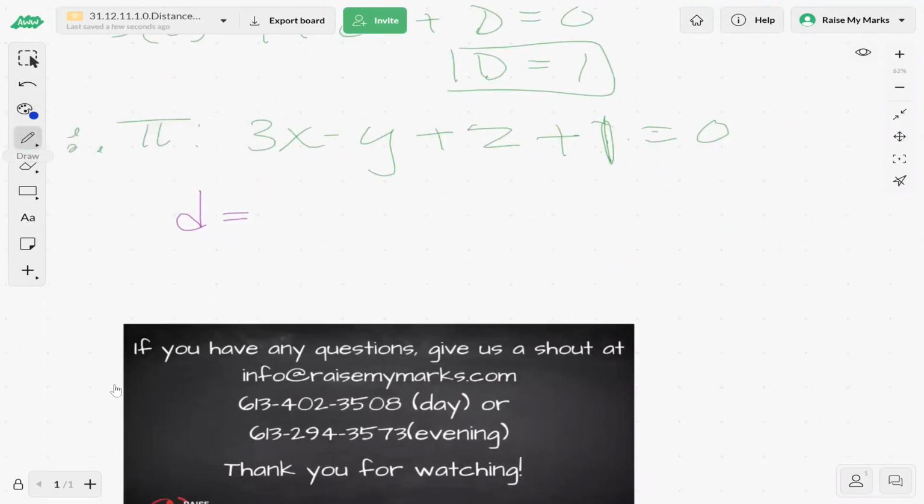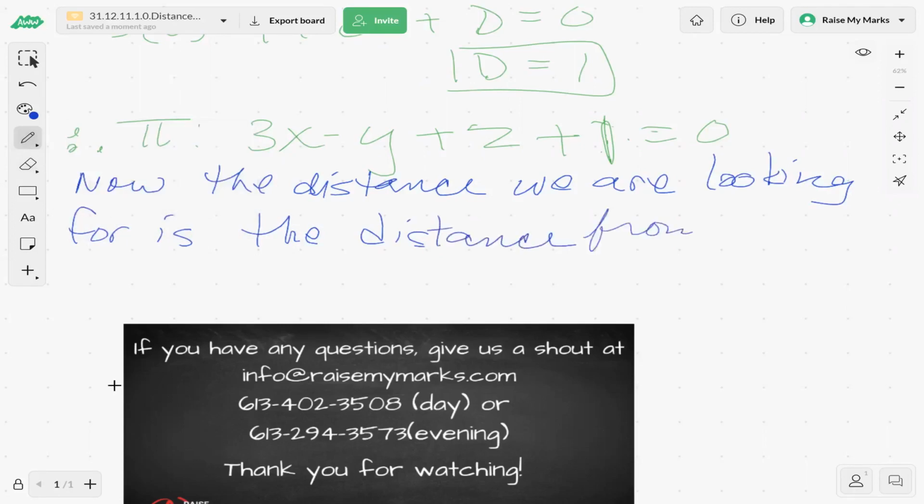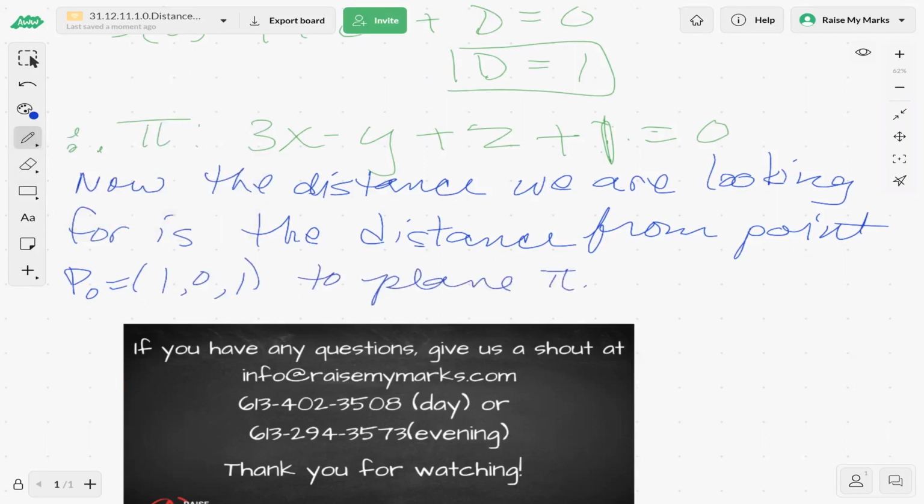The distance we are looking for is the distance from point P0, which is (1, 0, 1), to plane pi, 3x minus y plus z plus 1 equals 0.